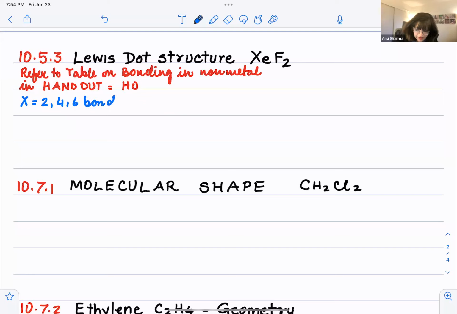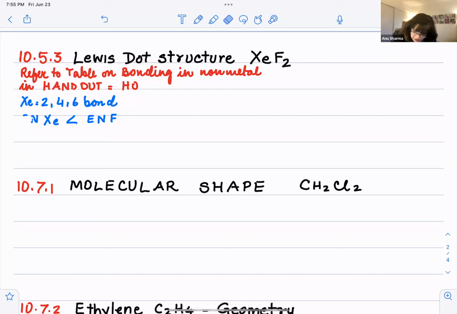The electronegativity of xenon is lower than the electronegativity of fluorine.